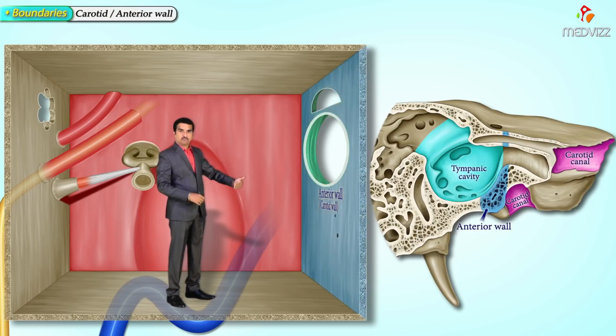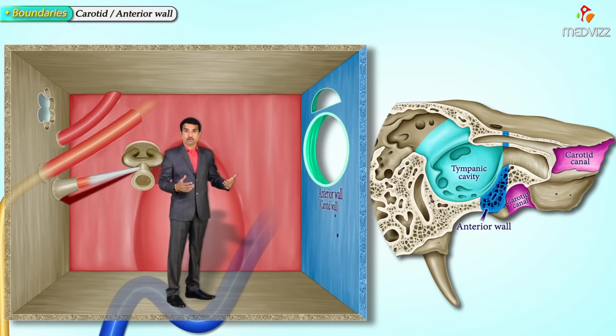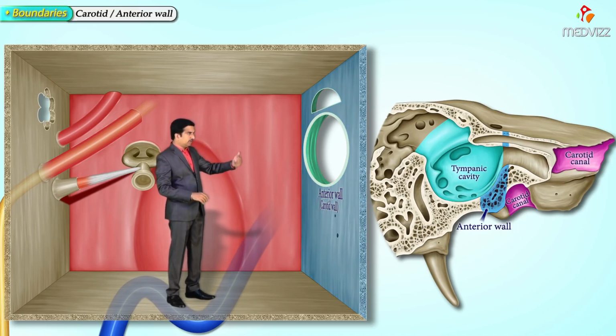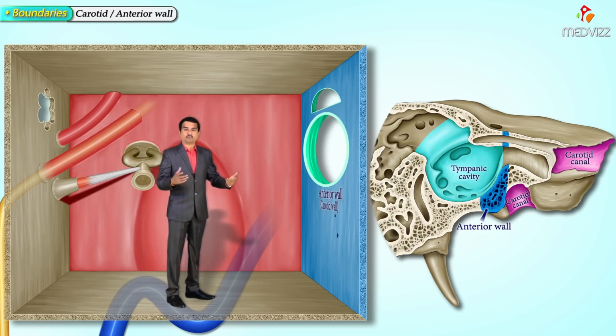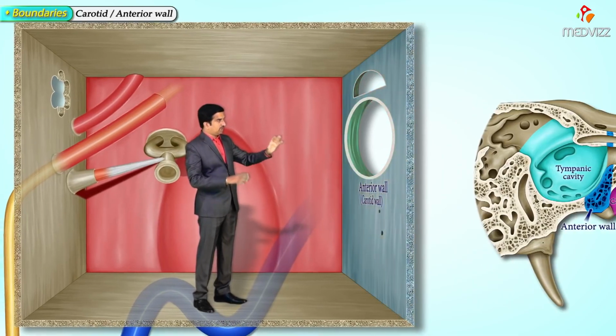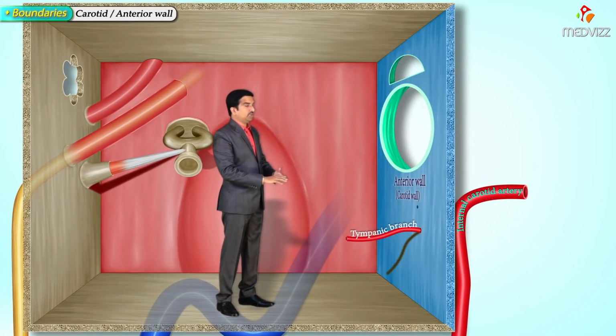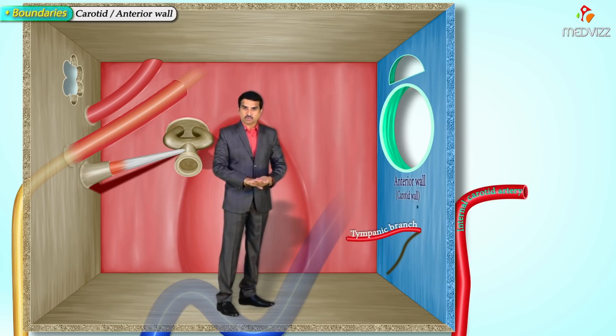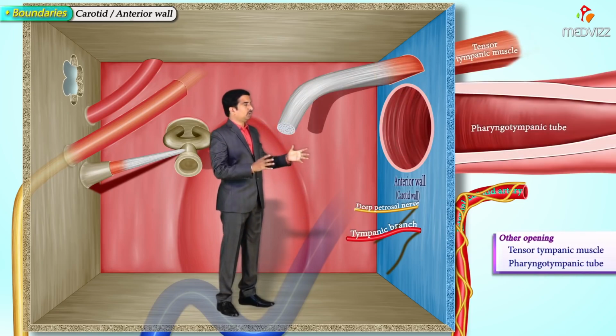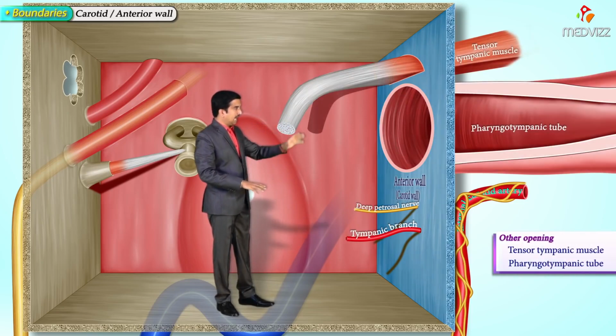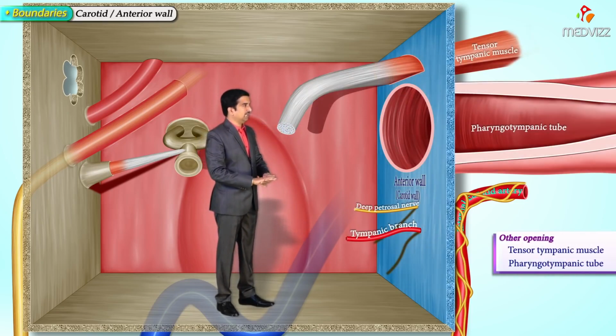This anterior wall is termed the carotid wall because a thin plate of bone separates the carotid canal from the tympanic cavity, and this wall is perforated by the tympanic branch of the internal carotid artery and also the deep petrosal nerve. So this is what we need to discuss about the anterior wall of the middle ear cavity.